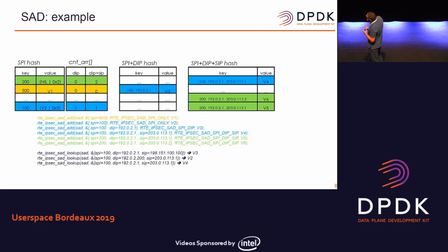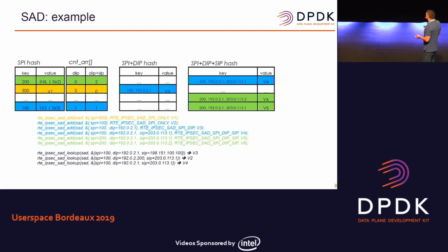Okay, we found it, and we realize that we have to indicate that we have an entry with the same SPI in our second table. So we would update this. Before that, this value would contain just the V2 value, right? We have to update the value with V2 and set the lowest bit to 1, right? And also we need to update our counter array.